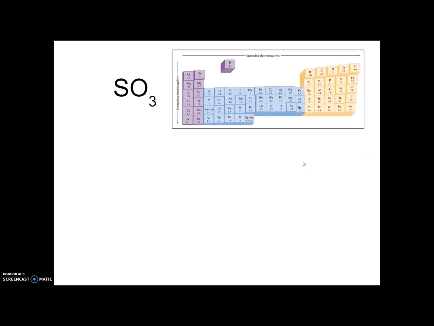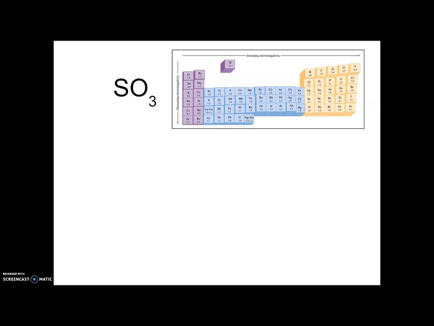Let's take a look at a couple of others. Sulfur trioxide. Now, you might say, oh, I wonder which atom, sulfur or oxygen, is more electronegative. One way to do that is to look at a chart of electronegativity values. That's a fine way to do it. The other way to think about this is, I remember the four most electronegative elements, Fonkel: fluorine, oxygen, nitrogen, and chlorine.